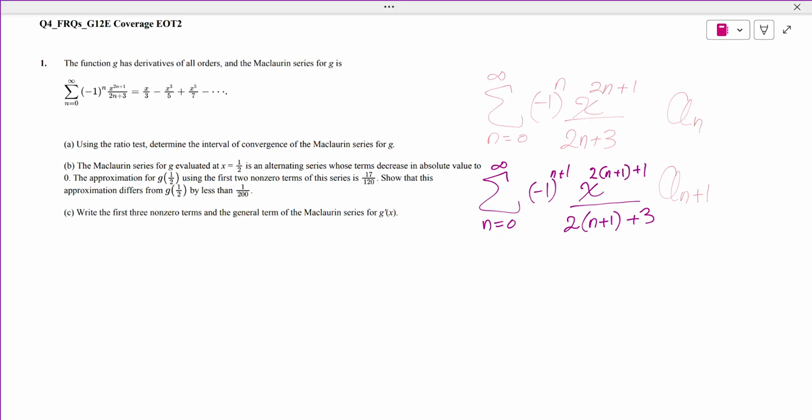Okay, so let's find the limit of the ratio. Part A, the limit as n approaches infinity of a_(n+1) over a_n, which is the limit as n approaches infinity of, we can do KCF, right?